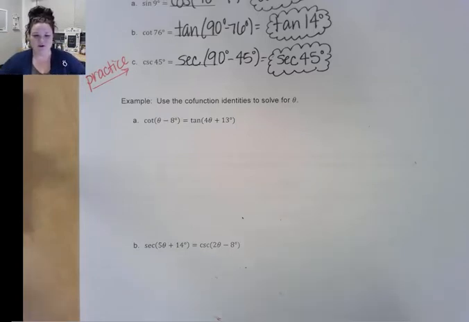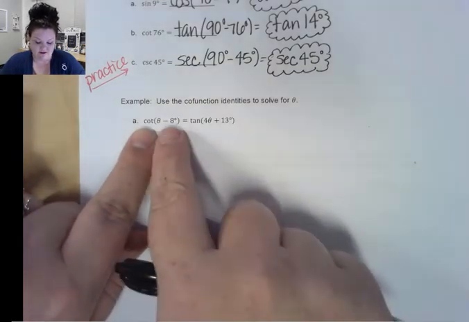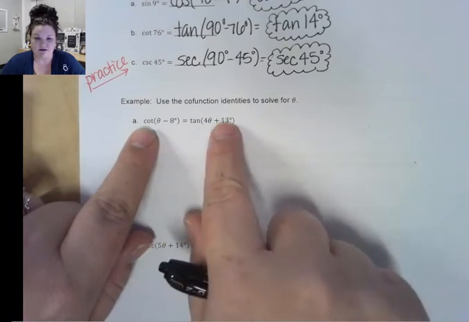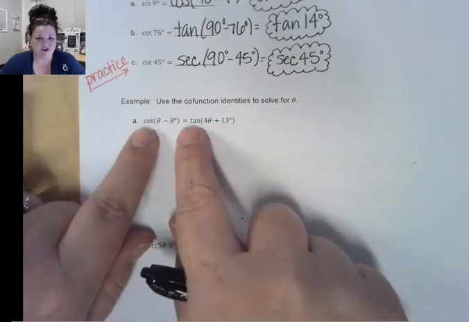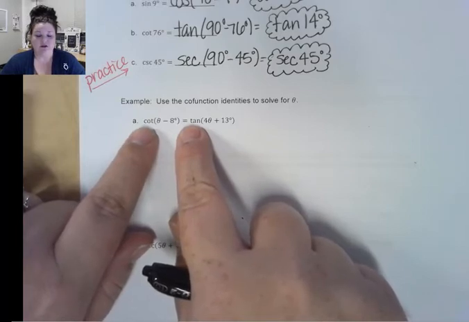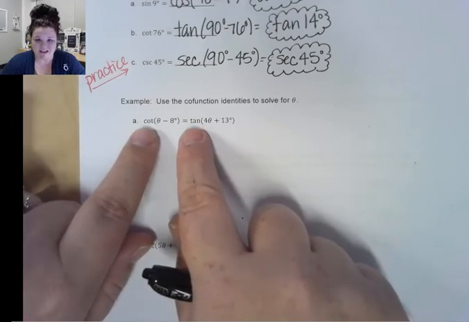When you look at these, it's not normal to see a cotangent of something that happens to equal a tangent of something. Well, cotangent and tangent are not the same trig values. Those are inverse values. So this is odd to me to see that a cotangent equals a tangent.